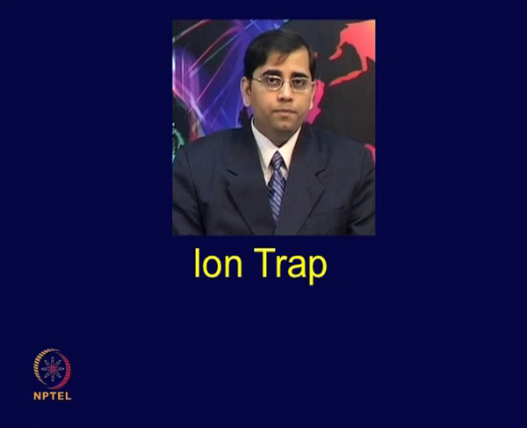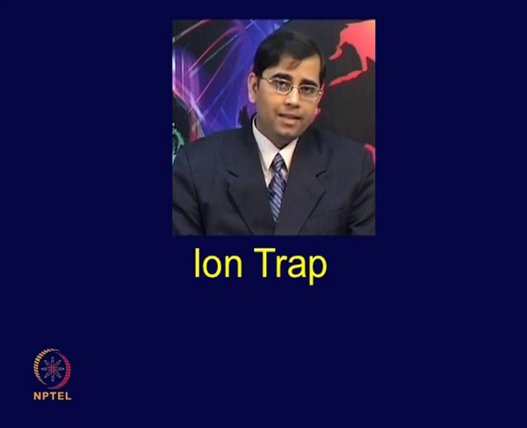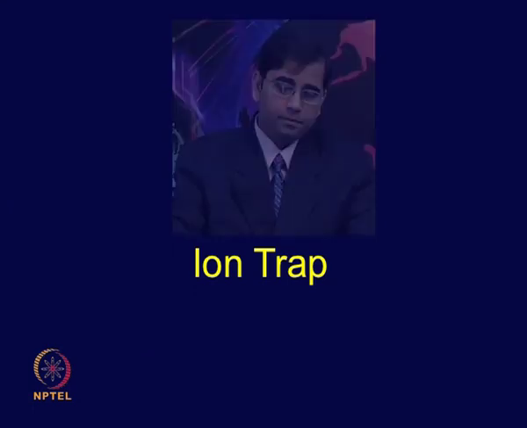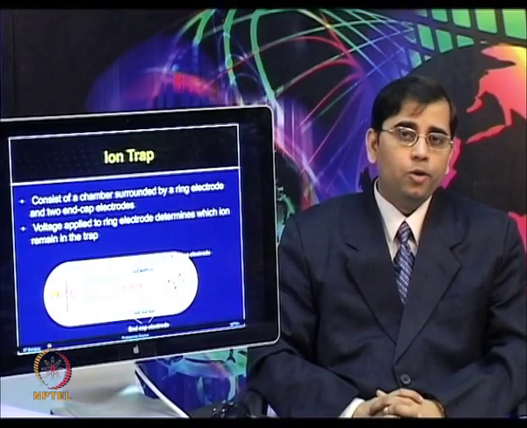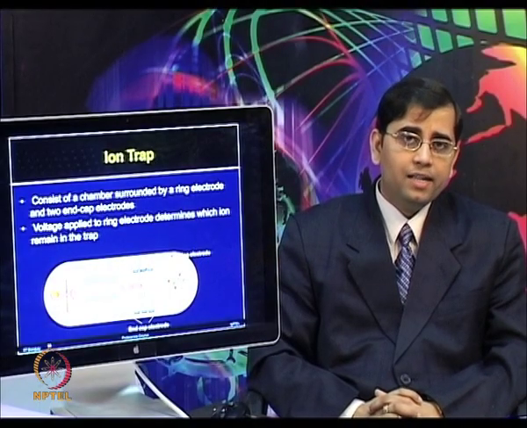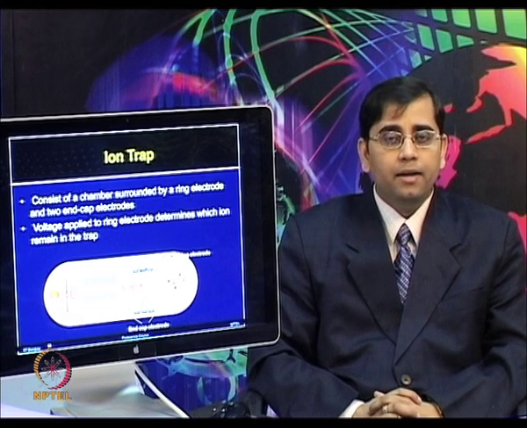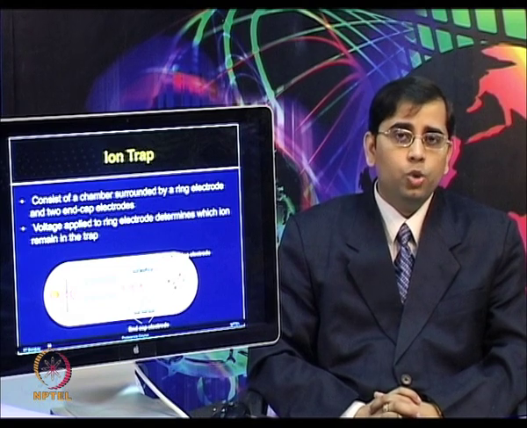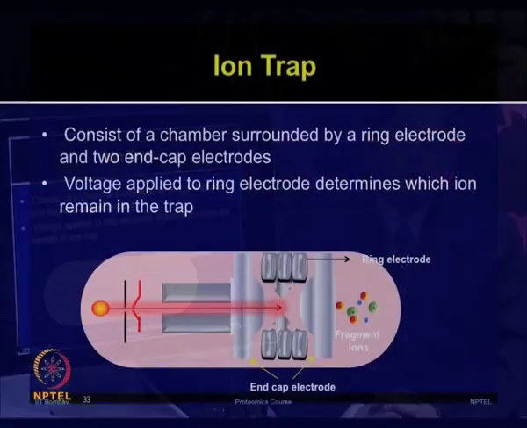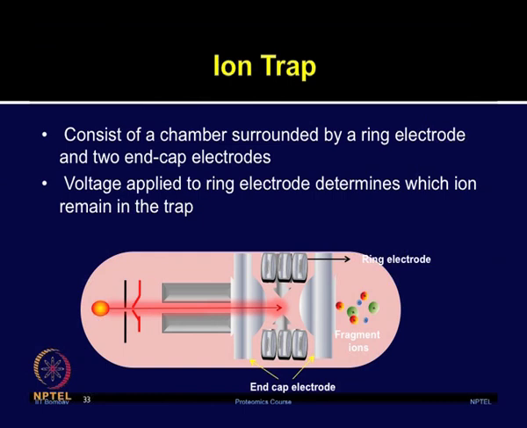Now, let us talk about another important mass analyzer, the ion trap. The ion trap traps ions using electrical fields, and it measures by selectively ejecting them to a detector. It consists of a chamber which is surrounded by a ring electrode and two end cap electrodes, as you can see in this figure here.